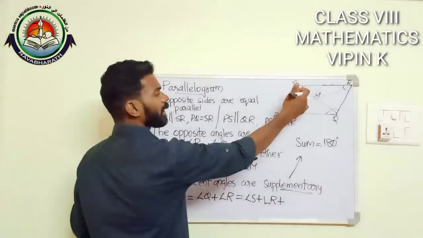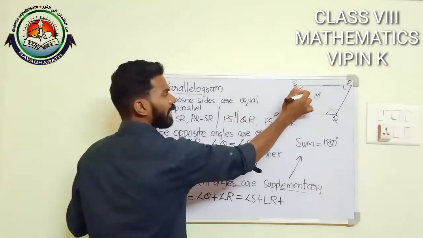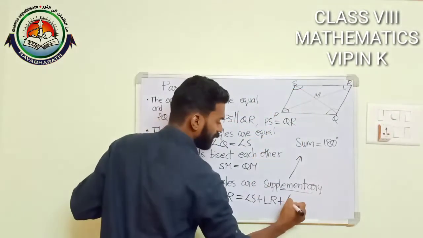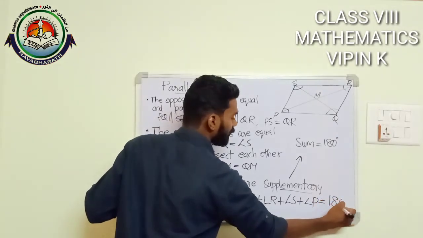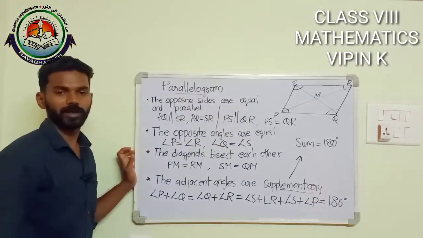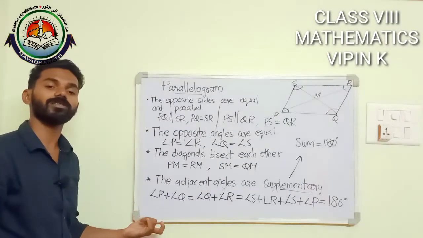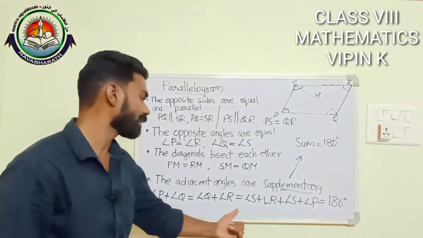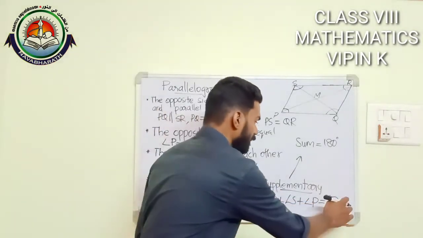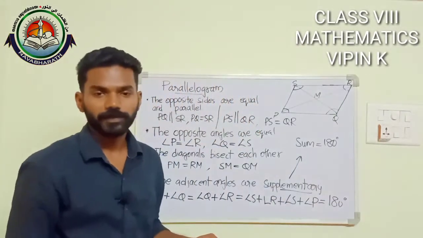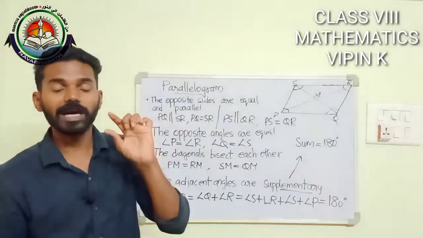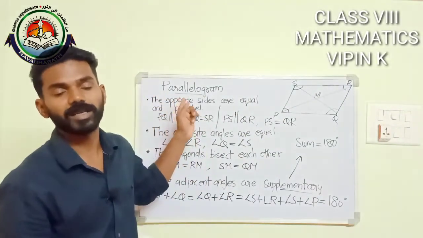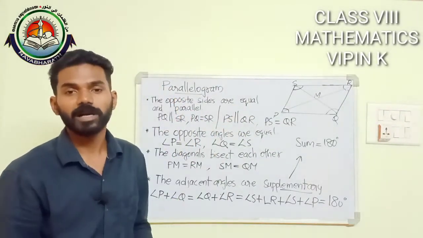And the final pair of adjacent angles, angle S and angle P, all of these pairs would be supplementary, which means the sum of each pair of adjacent angles would be 180 degrees. Clear? These are the basic properties that you have to remember in the case of a parallelogram. I hope it is clear.